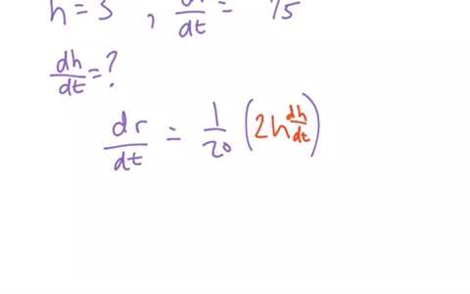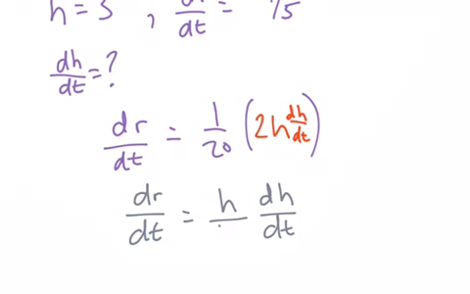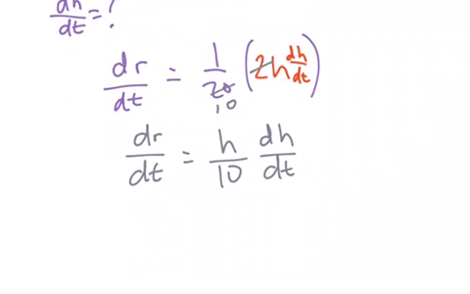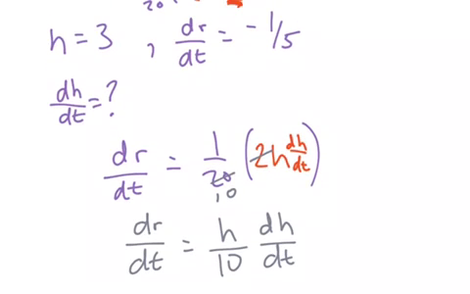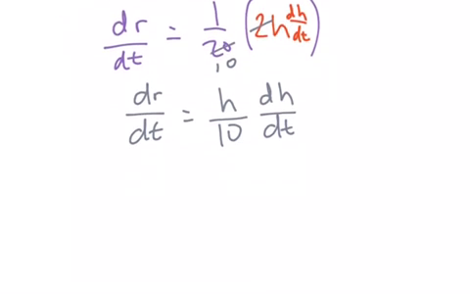Let's clean it up a little bit. So if I clean this up, dr/dt equals h dh/dt over 10, since 2h over 20 simplifies to h over 10. Now we know that dr/dt is negative 1/5, so I just replace this with negative 1/5.